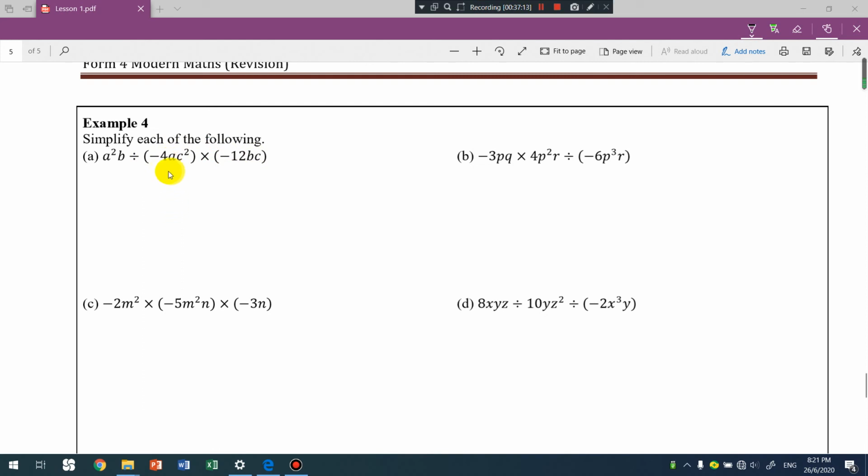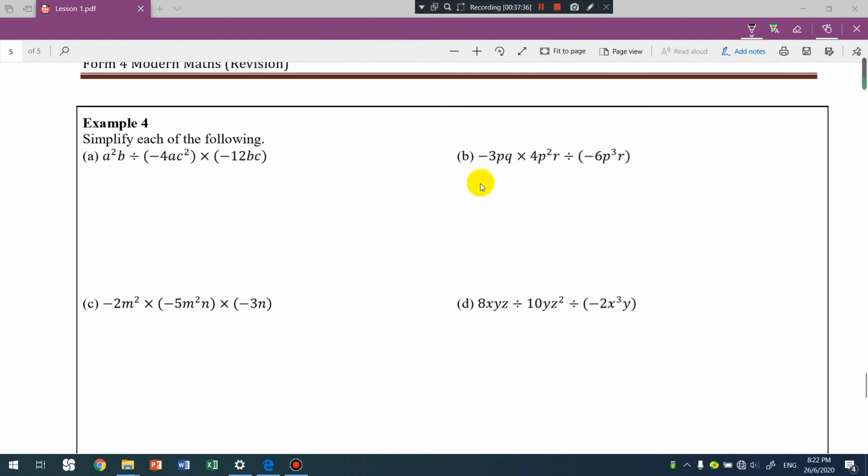You pause the video, watch it again, or think first. Understand this one, then only proceed to the next. This is one of the advantages of learning mathematics using teaching videos, because you can control the video, you can control the speed, and if you have a question, you can just pause the video and try to think first, try to understand first.